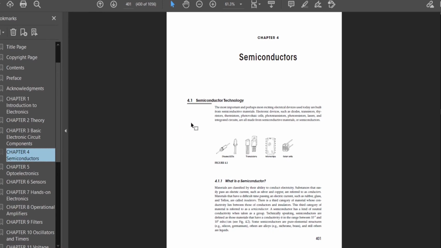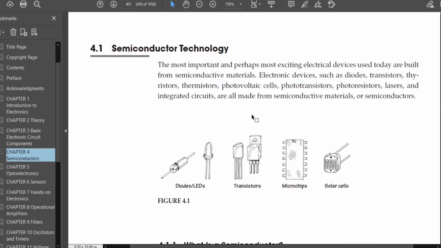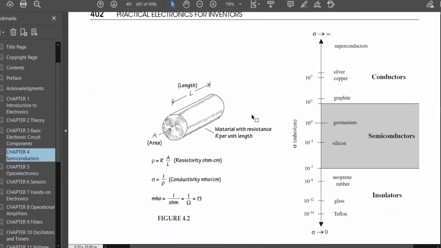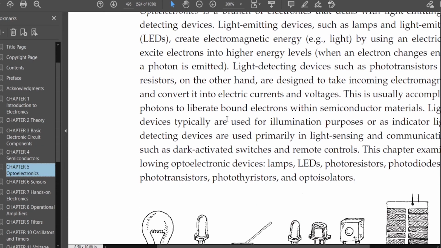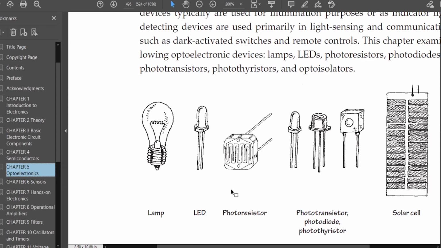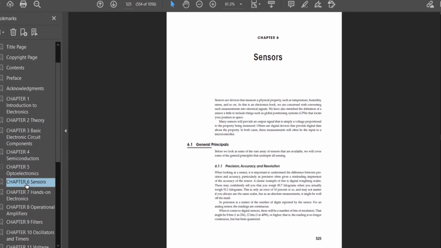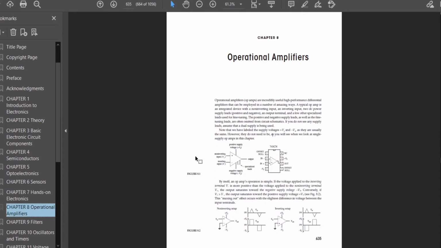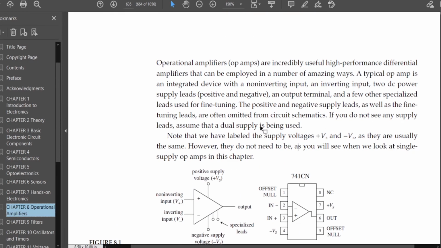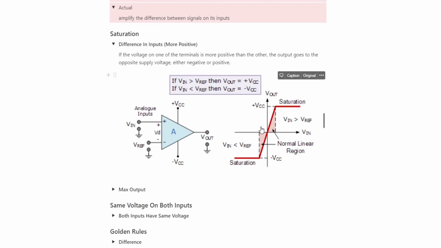I don't know anything about transistors, diodes, microchips, solar cells. Chapter 5, optoelectronics. Op amps, solar cells, sensors, hands-on electronics. Boom, we're onto operational amplifiers. Yeah, man. Okay, it is what it is.